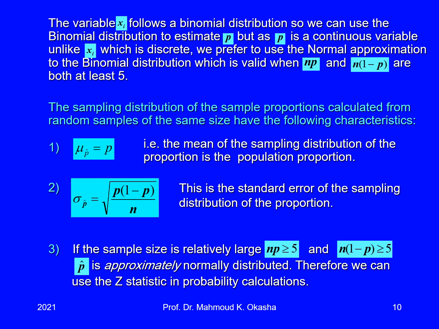More specifically, the sample proportion p hat has a normal distribution with mean mu p hat equals p, the population proportion, and the standard error equals the square root of p times 1 minus p over n. That's a complete definition of the sample proportion. Right?